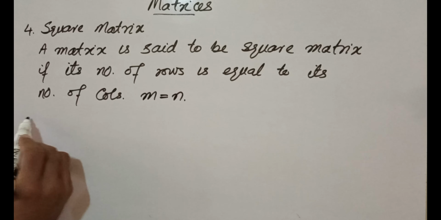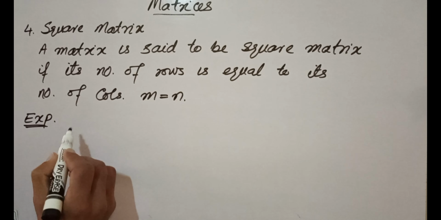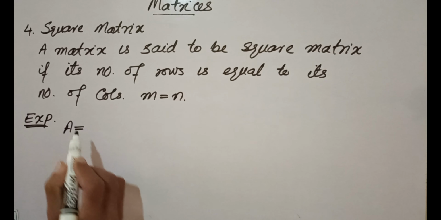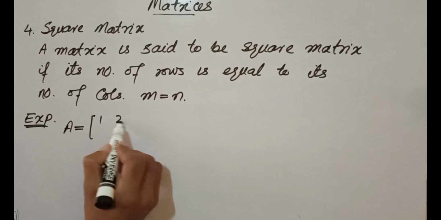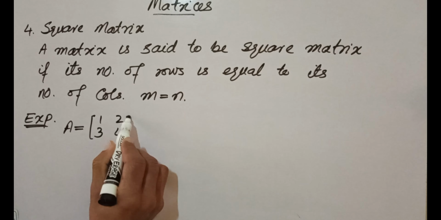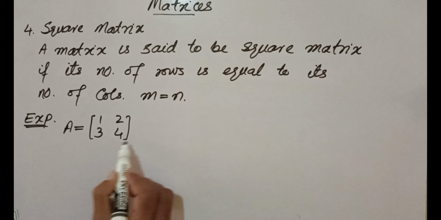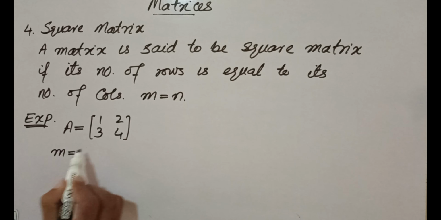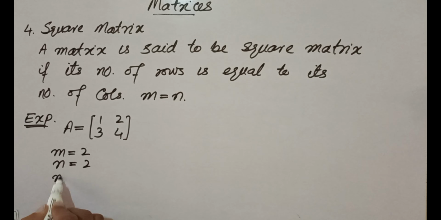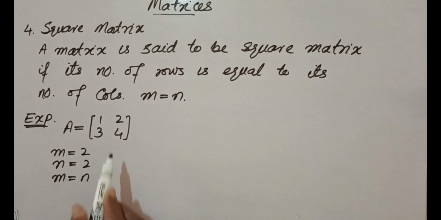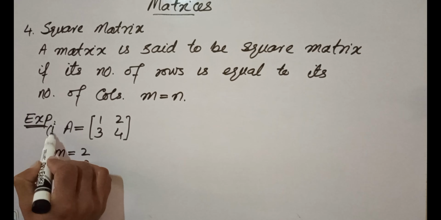For example, this is the matrix A, which has 2 rows and 2 columns. M, which is the number of rows, we have 2, n, the number of columns, 2, m is equal to n. So the matrix is a square matrix.